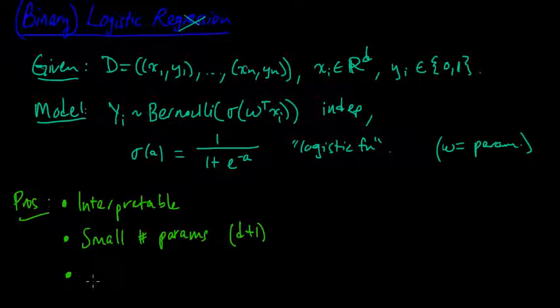Another thing which is kind of nice about this is that it's computationally efficient. So that was sort of statistical efficiency, but it's also computationally efficient to estimate the w parameter. And we're going to see in the next video or two how to do this.